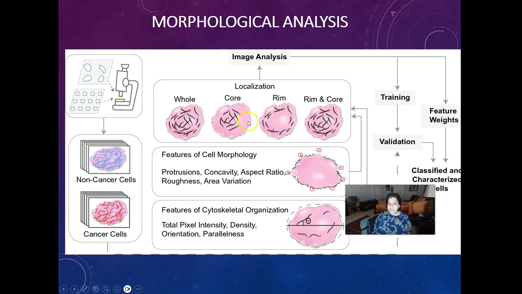You can do that just by looking at the central region or the core of the region. You can look at just the edges around the membrane, and that would be your rim analysis, or you can look at both and combine that info together to get the full picture.